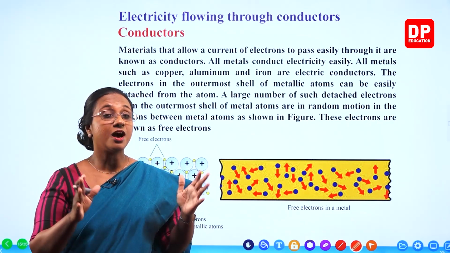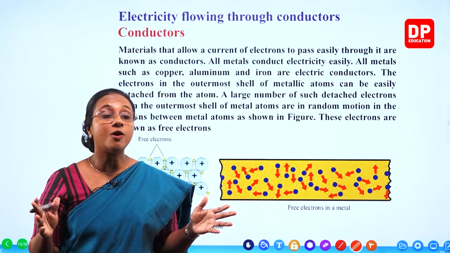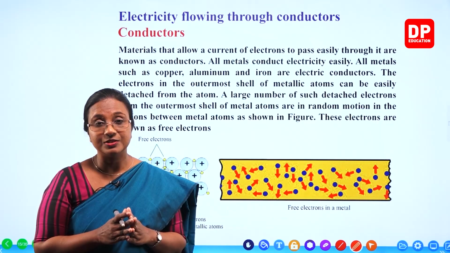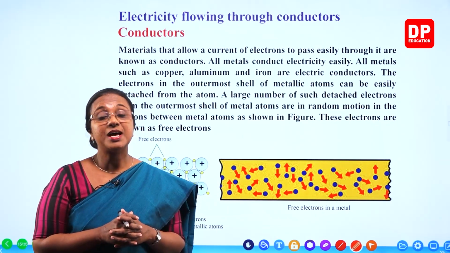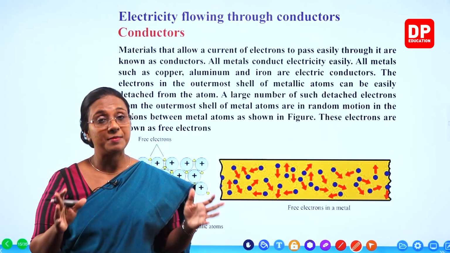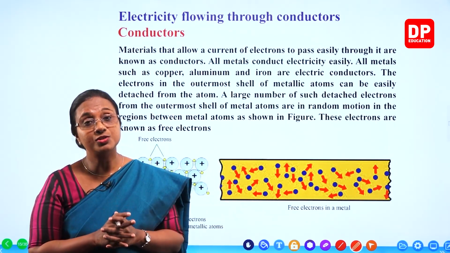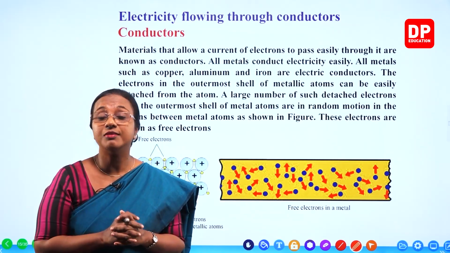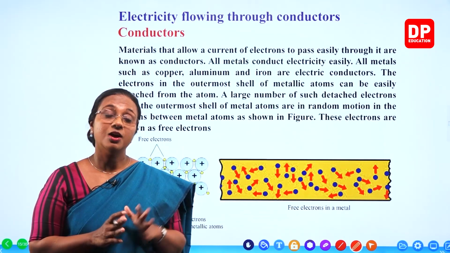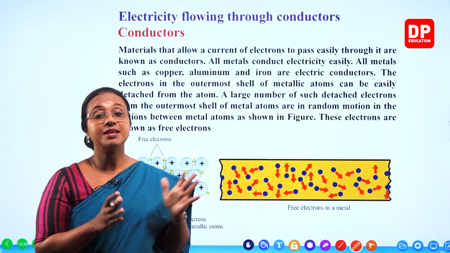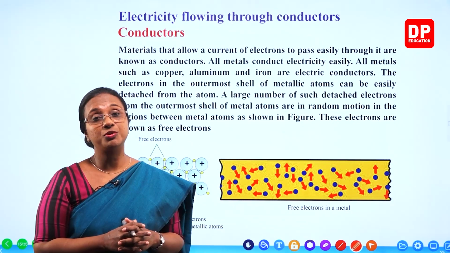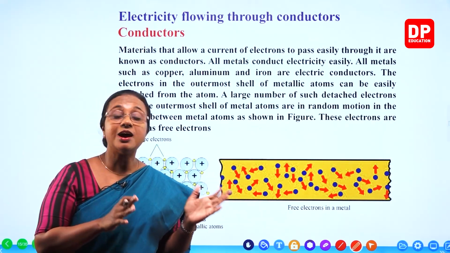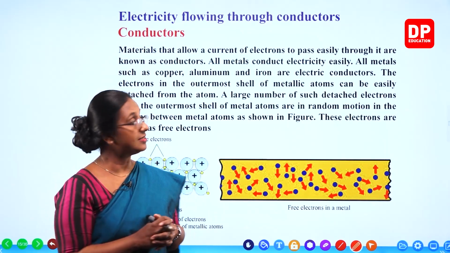Conductors are also matter, therefore they are also made up of atoms or molecules. Atoms are the basic building units of matter, and you have to remember that. Because of that, all these conductors have positively charged protons and negatively charged electrons in them. That is why they are also able to conduct electricity.